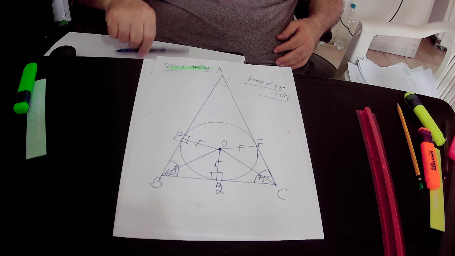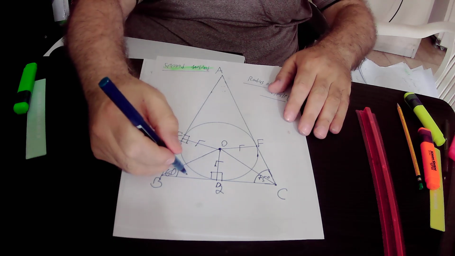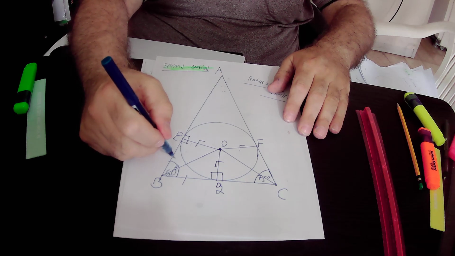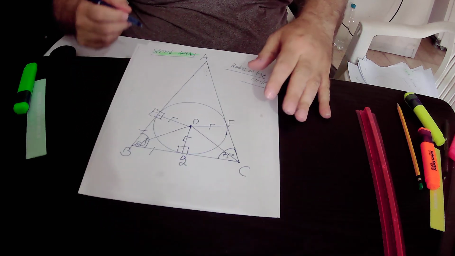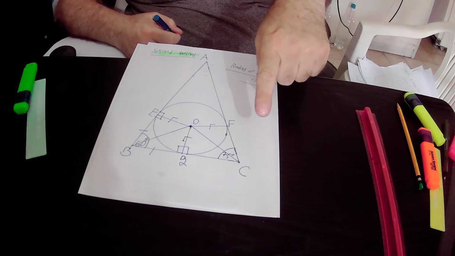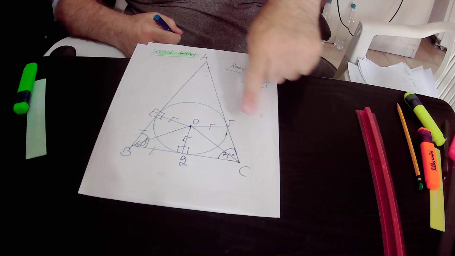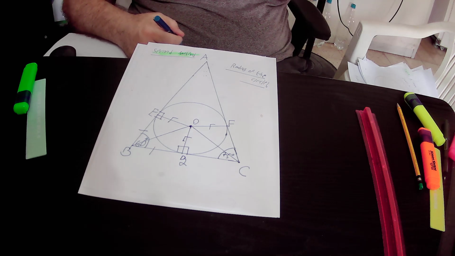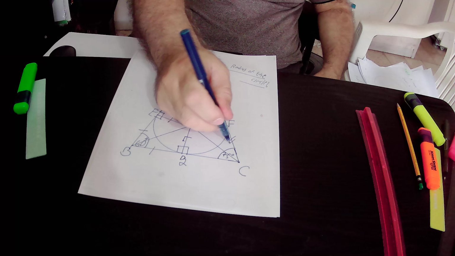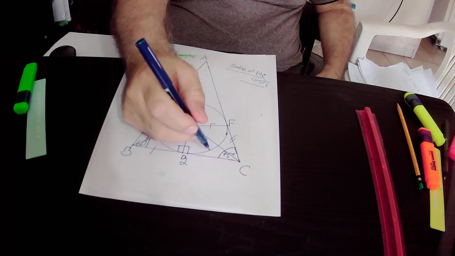That is to say, BD equals EB according to rule number 2. Likewise, for the common external point, point C, we have two tangents to this circle, tangent CD and tangent CF. And according to rule number 2, they are equal to each other. That is to say, CF is equal to DC.